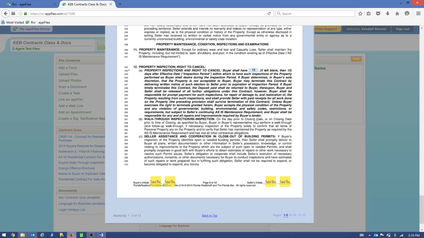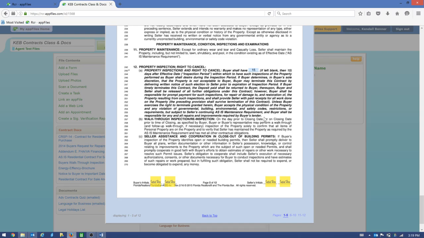Now, let's go back here. And buyer shall be responsible for any and all repairs and improvements required by the buyer's lender. So if you work in my office, you're probably pretty familiar with that line. That one's a doozy for me. My favorite line in this contract is in this paragraph, and my least favorite line is in this paragraph.